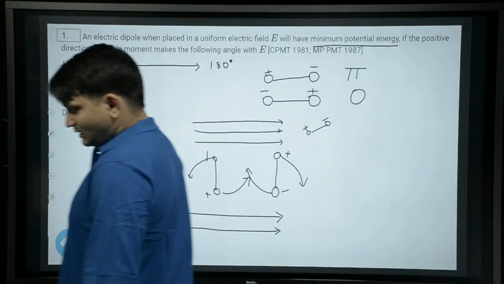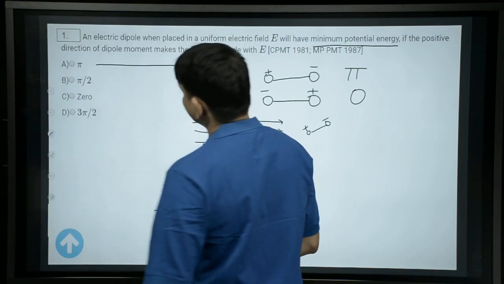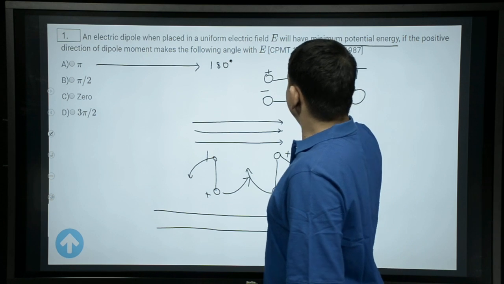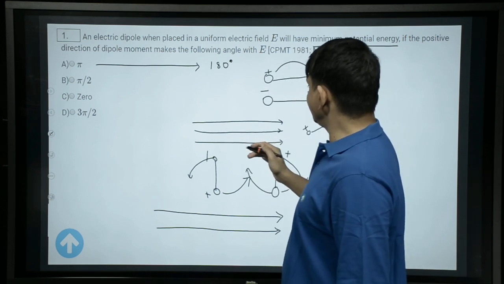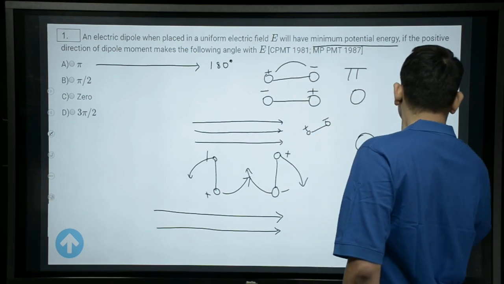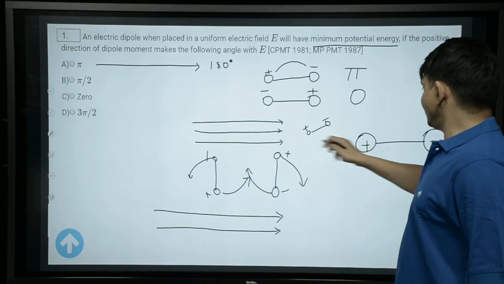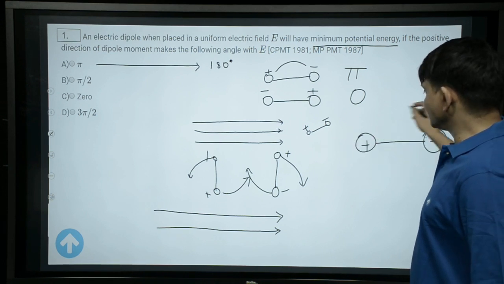Okay, someone is answering already, and the answer they are saying is A. Since this one is positive and this one is negative, the electric field in this direction would attract this one towards this and repel this one, right?